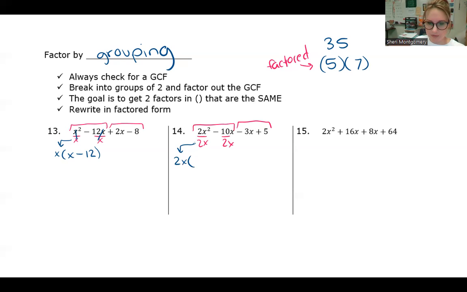I'm going to write down what I have left. 2's reduce, x's will reduce, so I'm left with just an x. When I look at 10 and 2, 2 goes into 10 5 times. And the x's reduce.